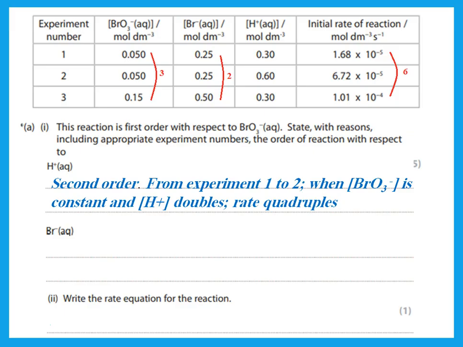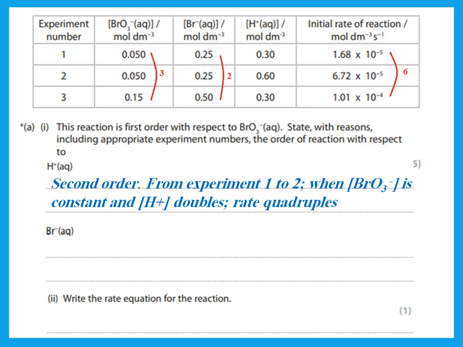So I have to rely on the information that we already have. I know that with respect to BrO3 minus, it is first order. Now, I look at experiments 1 and 3. 1 and 3, the bromide is doubling. But also the bromate, what happened to it? It triples.